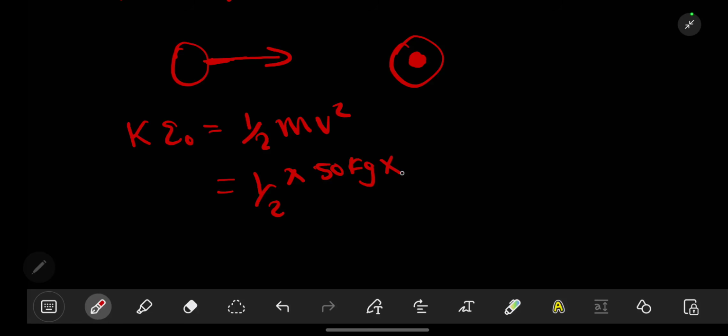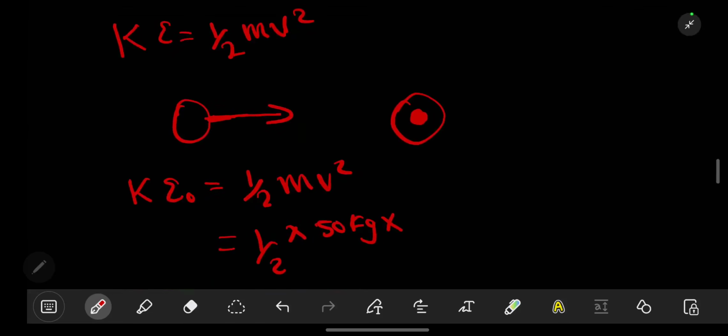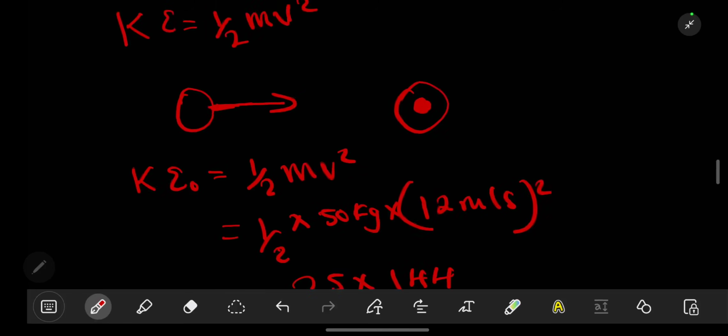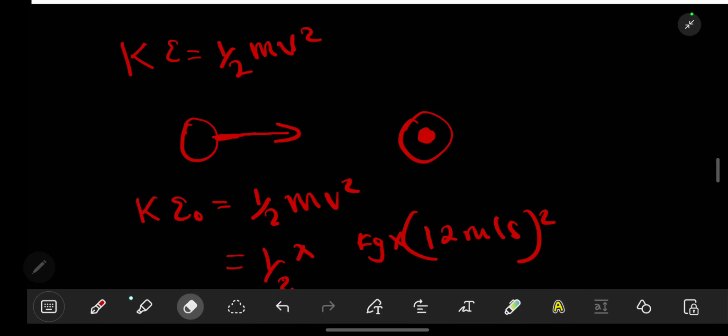Our velocity is equal to 12 meters per second, then we square it. Half times 50 is 25, times 12 squared, which is 144. Actually, the one that was moving was the 70 kg man.